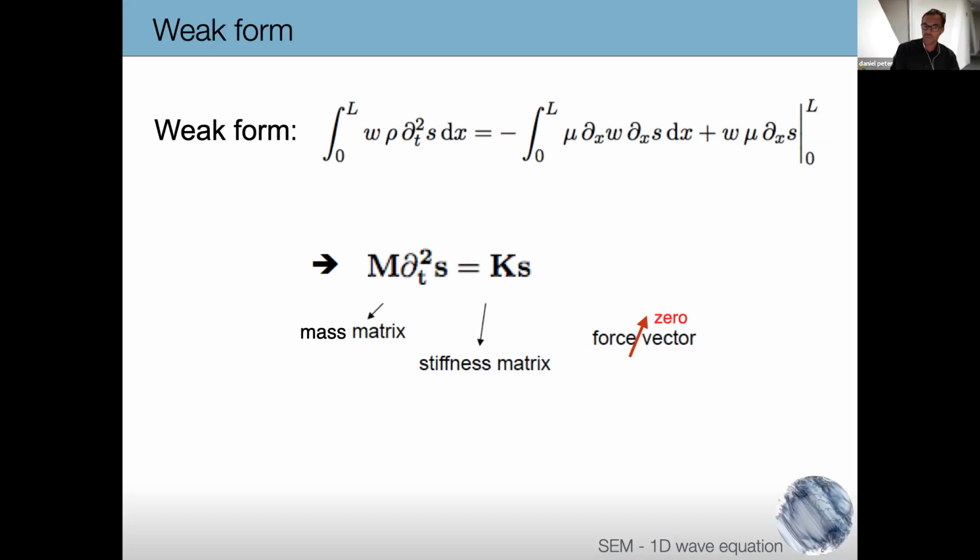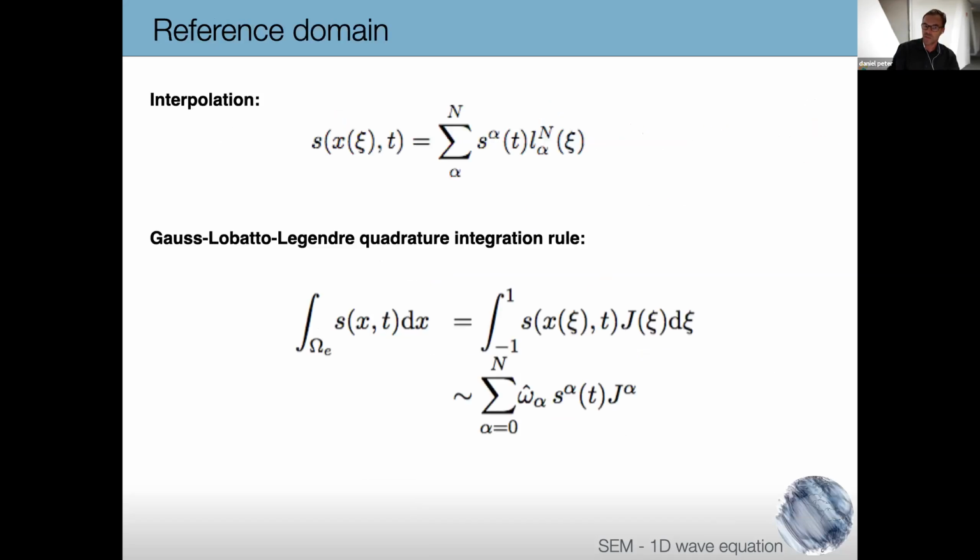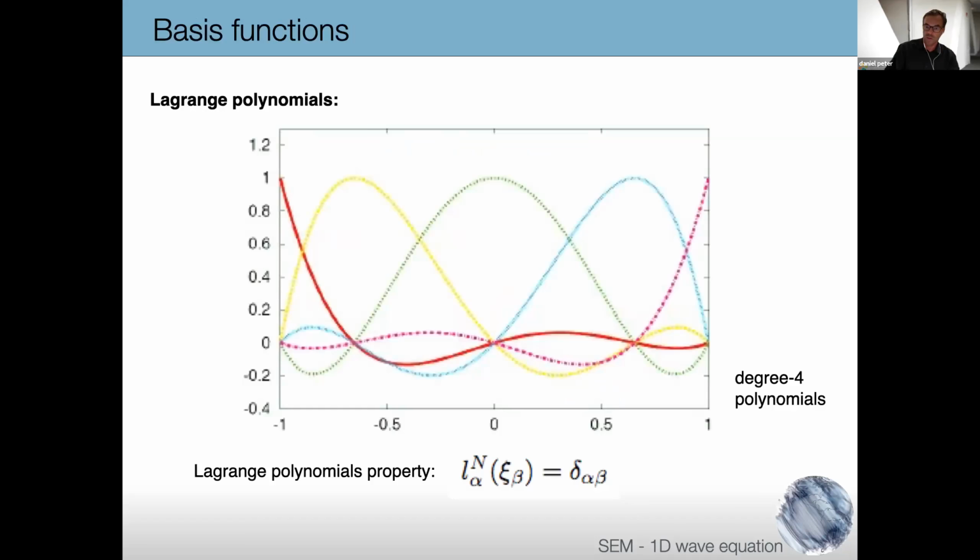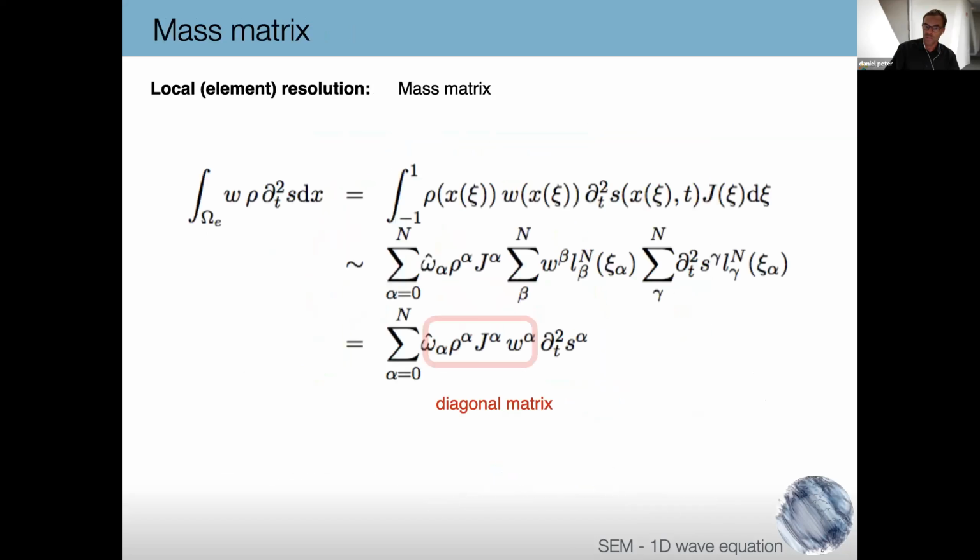Good, this is the mapping. That's the same as in the previous homework. Interpolation is also the same. These are quadrature rules and Lagrange polynomials. So the setup keeps being the same between the previous example and this example.